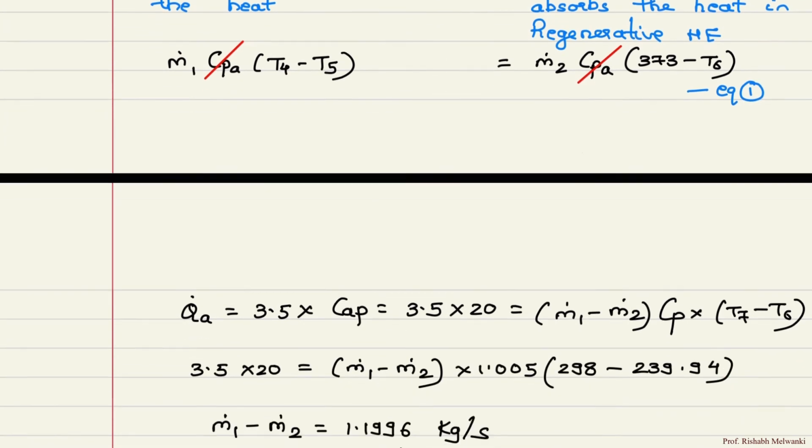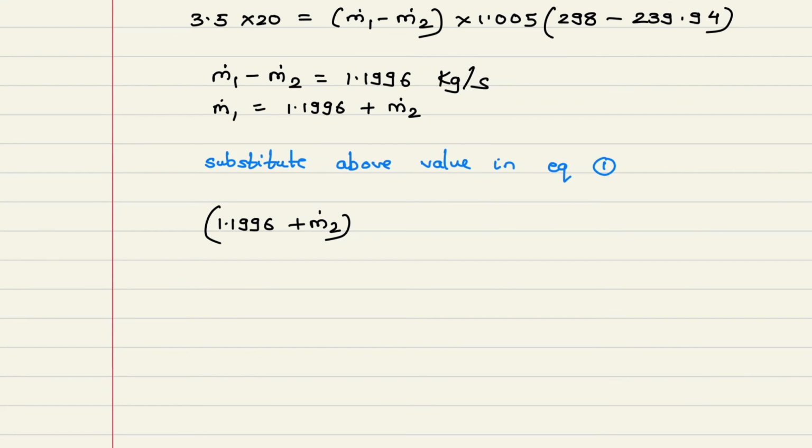This T4 we have already calculated: it is 382.546 minus T5, which is 333.